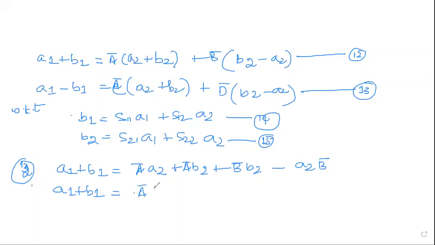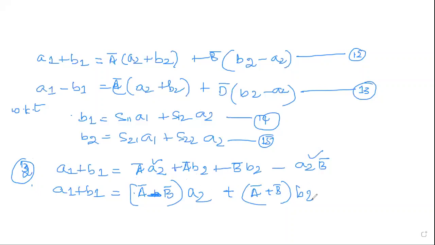It is A bar minus B bar, which is A2. I'm taking only A2 first, bringing the A2 and B2 common terms, plus A bar plus B bar into B2. Just take the common terms outside, A2 and B2.